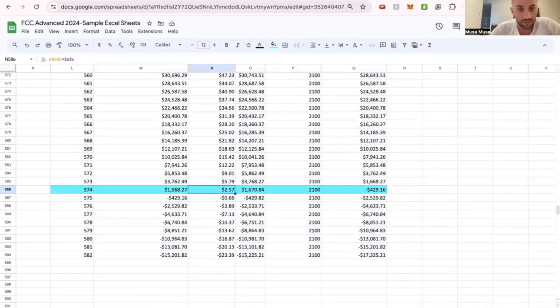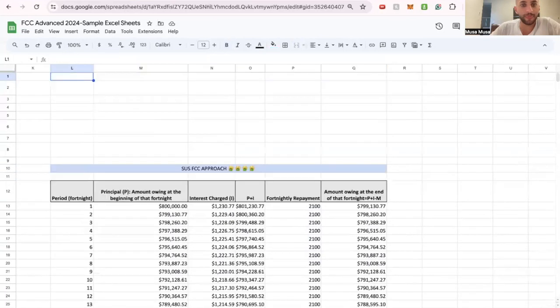And this amount of money, if we look here, is how much I owe at the beginning of the last month. This is how much interest they charge. This is how much I owe after they've charged interest. I'm not going to make a repayment of 2,100. That's too much. I'm only going to make a repayment of this: 1670.84. Nice. So we'll come back here and we'll say this is 574 fortnights.